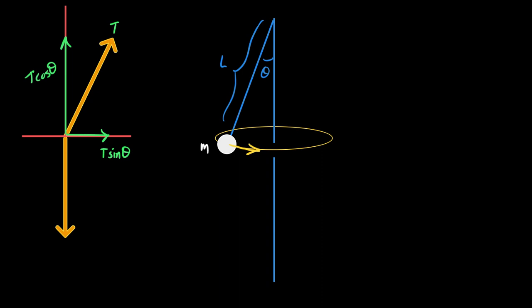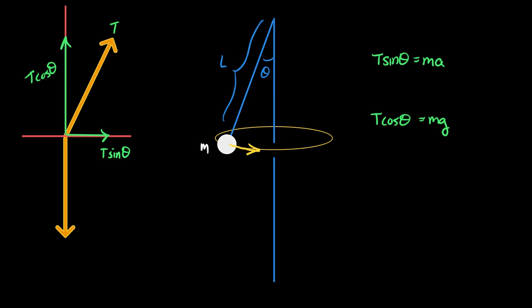Can I set the net force in one direction equal to 0 and the other one equal to ma? All right. So T sine theta equals ma. T cosine theta equals mg. There's nothing new here, right? Nothing new.